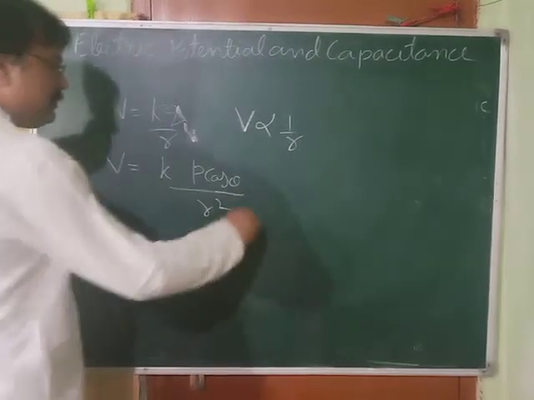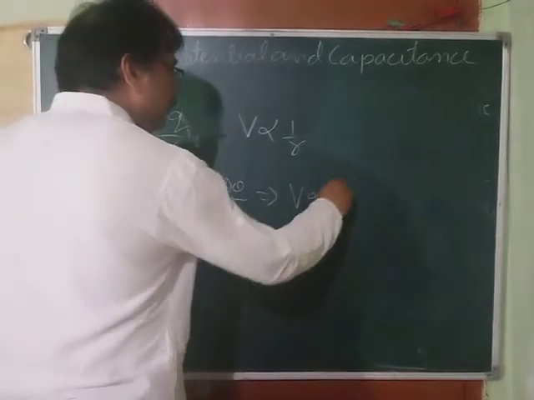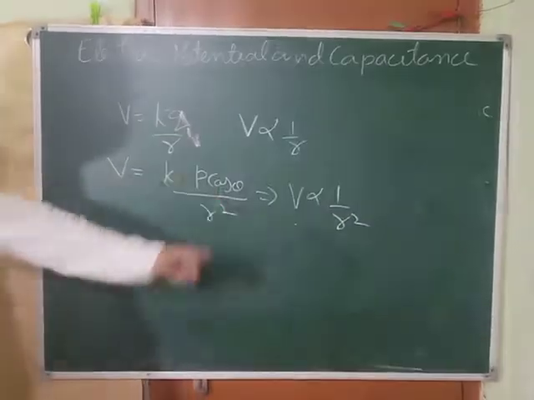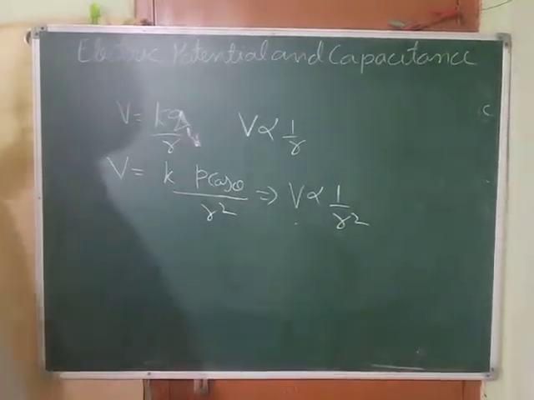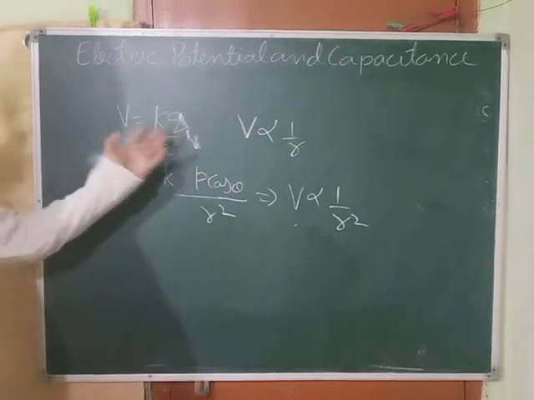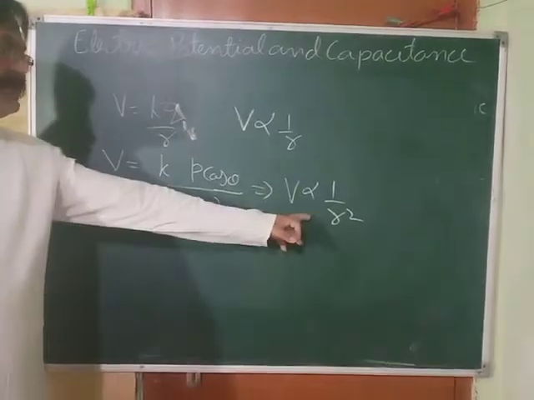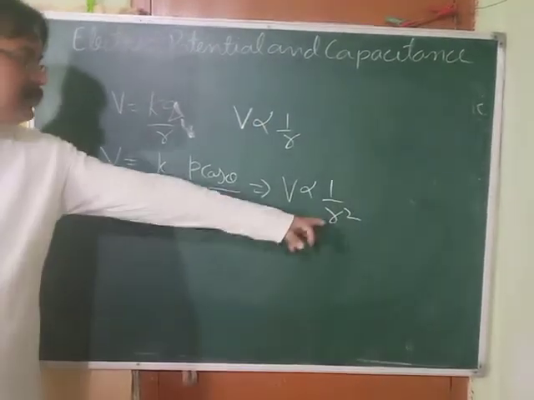That means we can say that V is proportional to 1 by r square. So this is the comparison for the potential in case of point charge and in case of dipole. It is decreasing faster because here you find r square.